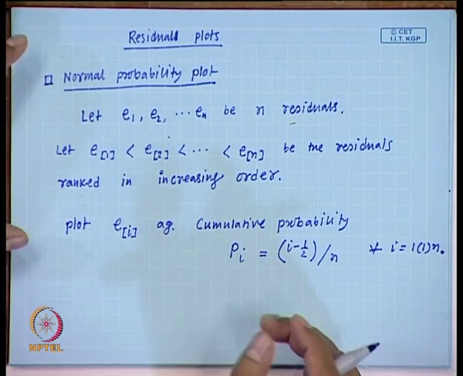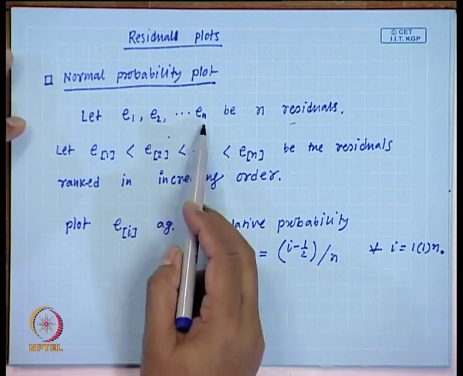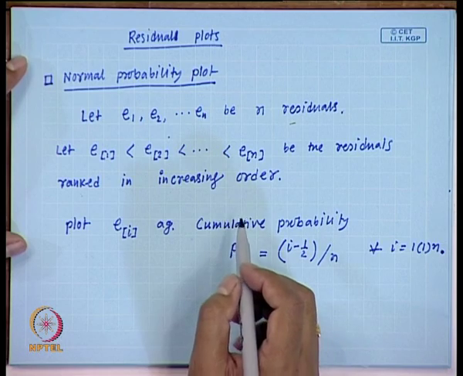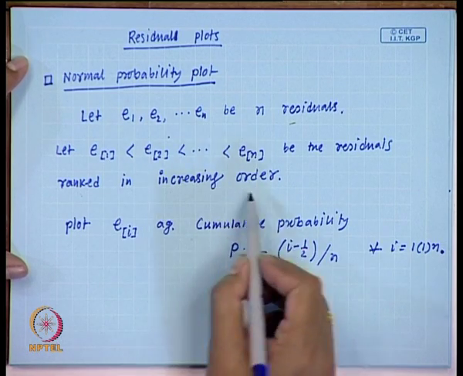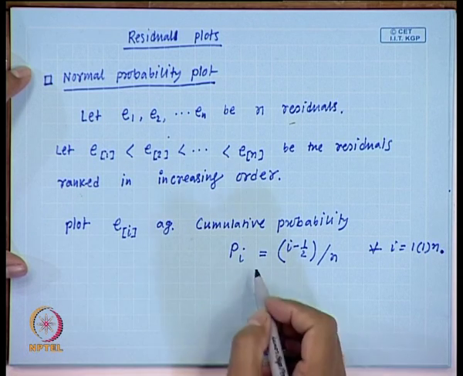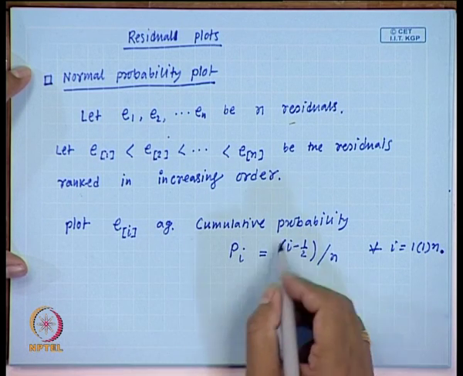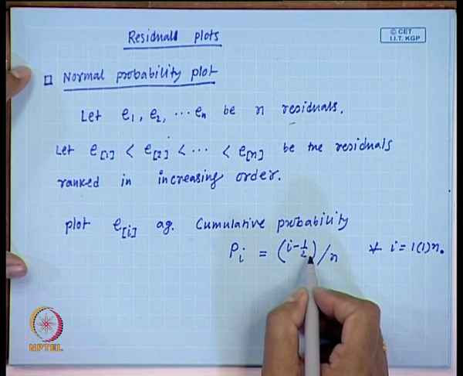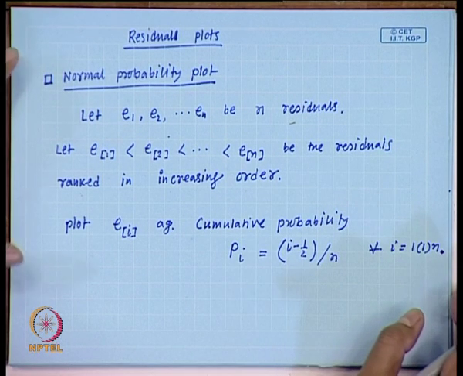Okay, so, very simple technique. You get the residuals first, you arrange them in increasing order, and then you plot e_i against p_i. Here p_i is (i minus half) by n.